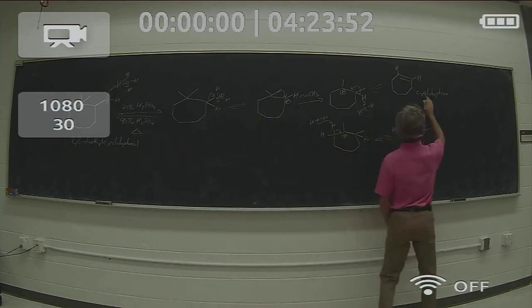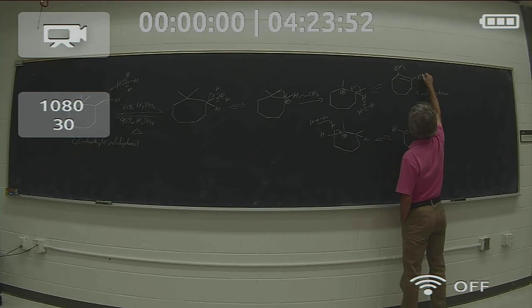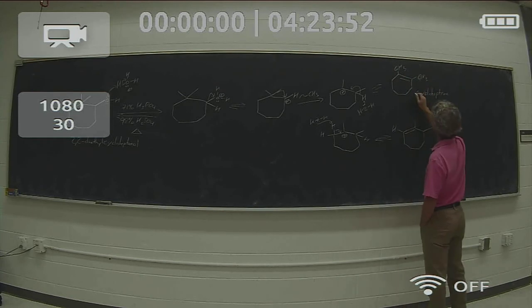Sorry, this is not cyclohexene. For some reason I made those into hydrogens. This is 1,2-dimethylcyclohexene.